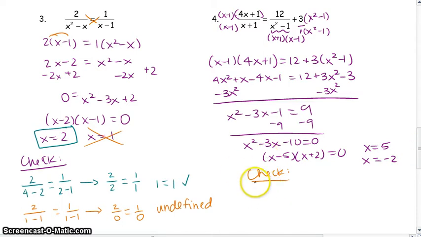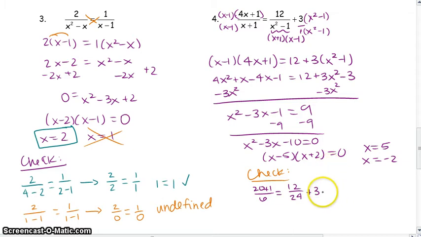So when we plug this in, we should get 20 plus 1 all over 5 plus 1, which is 6, equal to 12 over 5 squared, which is 25, minus 1, so 24, plus 3.